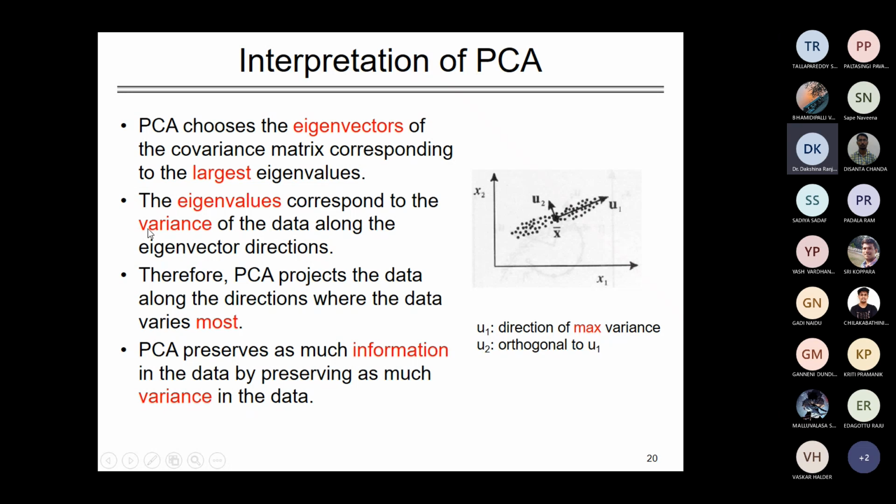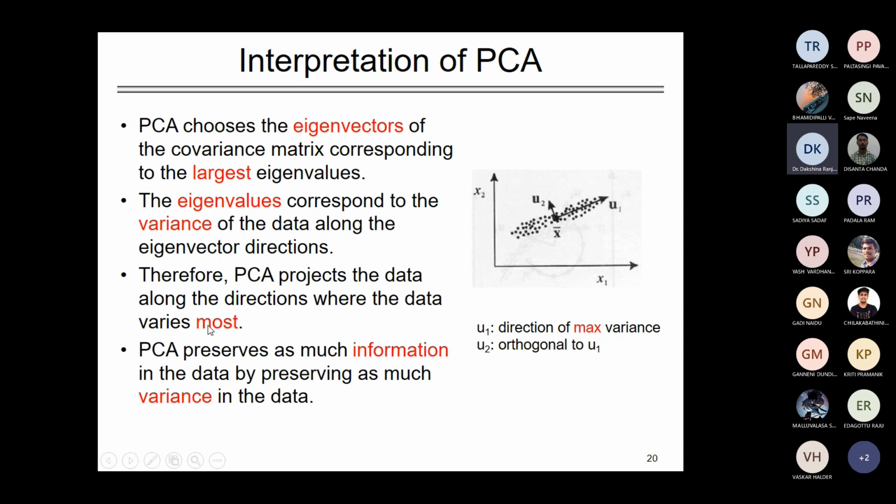Okay, so the eigenvalues correspond to the variance of the data along the eigenvector direction. So in the direction of eigenvectors, we get the variance to be maximized, and this will give us the principal components corresponding to the eigenvalues. So principal component analysis projects the data along the directions where the data varies most.